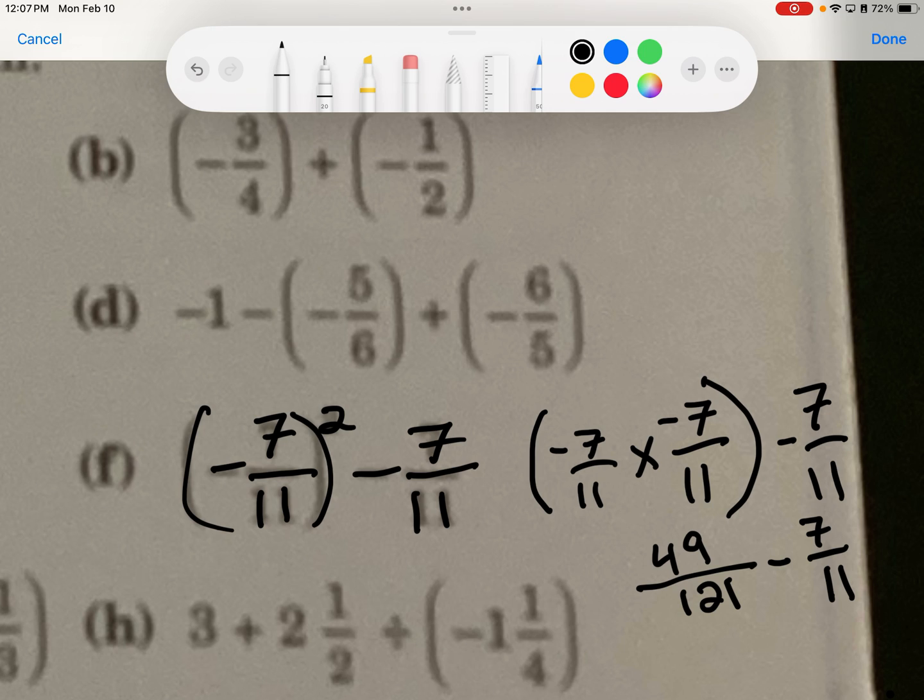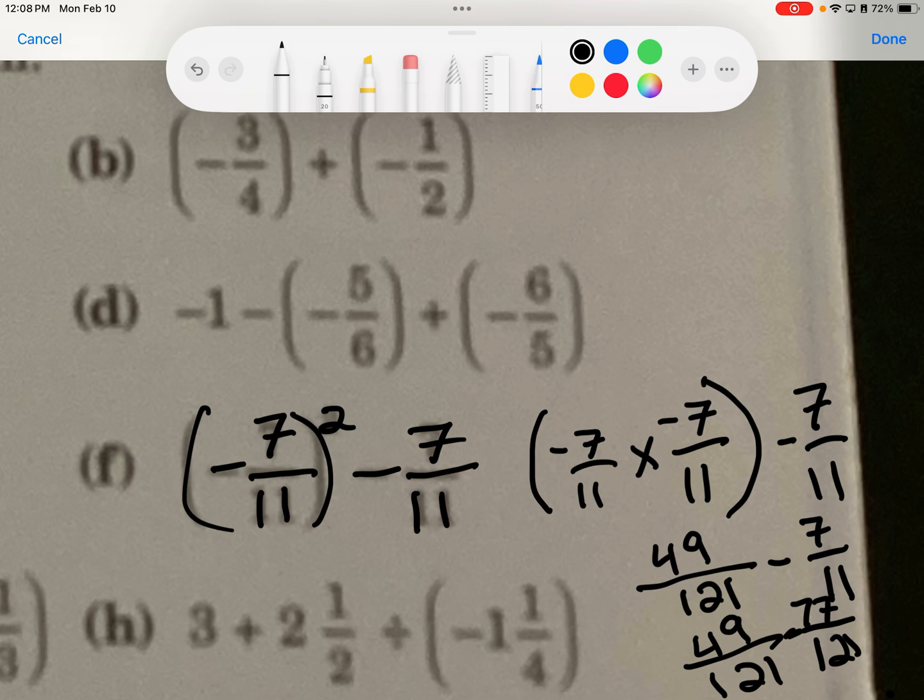So we're going to multiply 11 times itself, right? So we would get 121, and then 7 times 11 is 77, right? So then we have 49 over 121 minus 77 over 121.